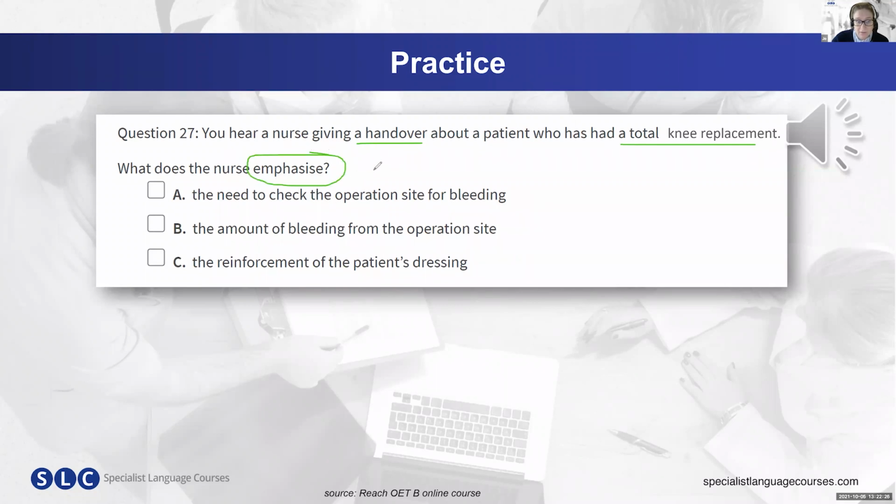Is it the need to check the operation site for bleeding? Does she emphasize the amount of bleeding from the operation site, so the amount of bleeding there already is? Or does she emphasize the reinforcement of the patient's dressing? So have a listen and pop in the chat which one you think is the correct answer.